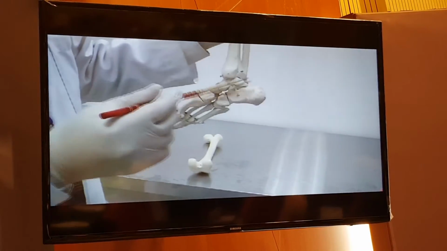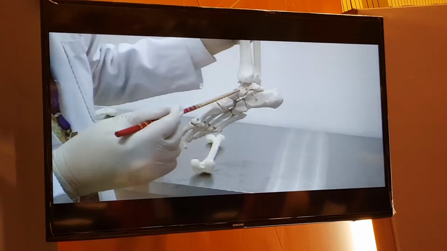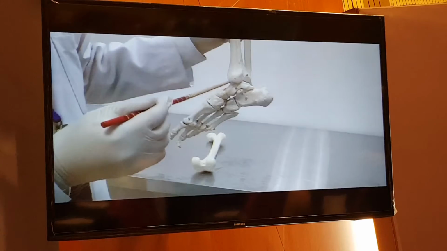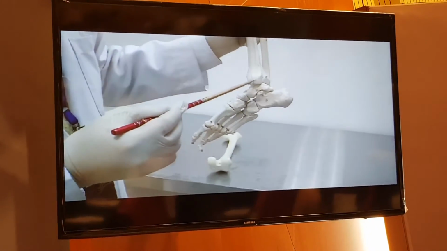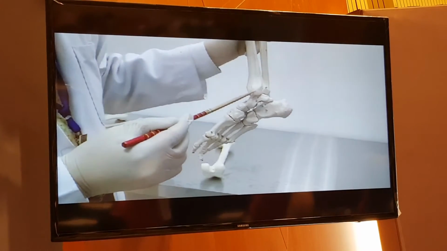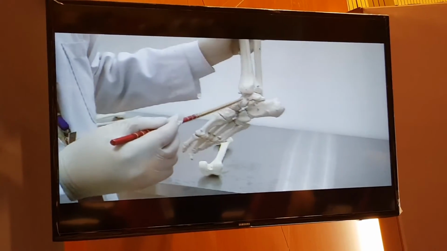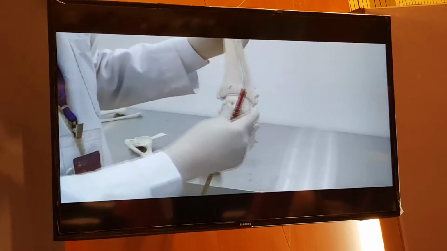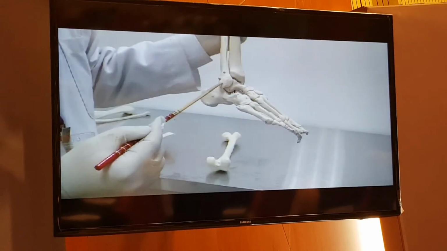If you look from the medial side, here is the medial malleolus, here is the talus bone. The medial ligament is the deltoid ligament, attached here to the medial malleolus and below along the medial surface of the talus. On the lateral side, we have three ligaments coming from the fibula.